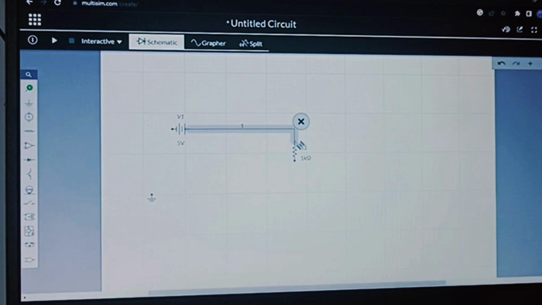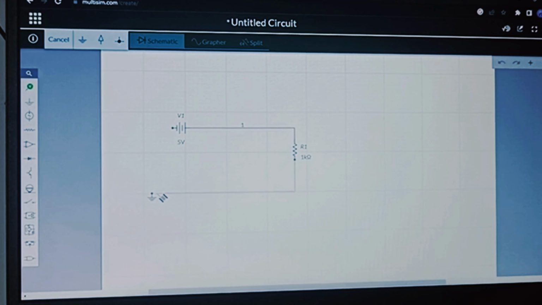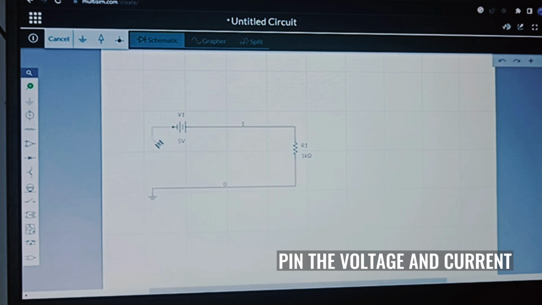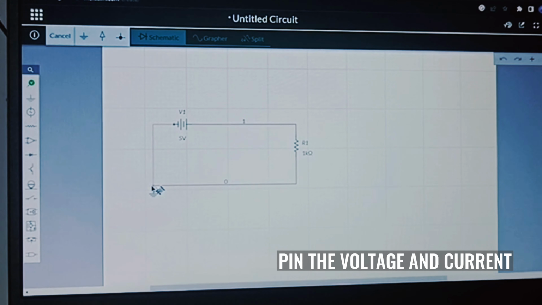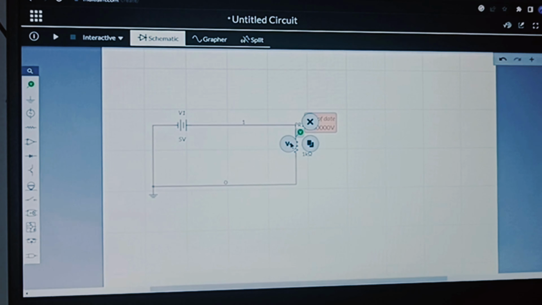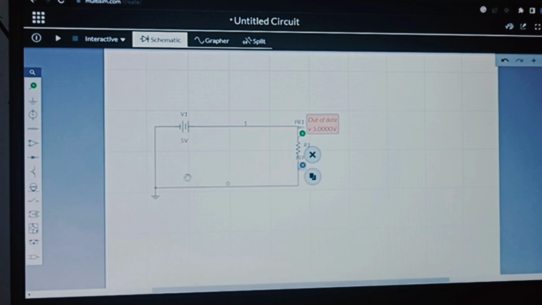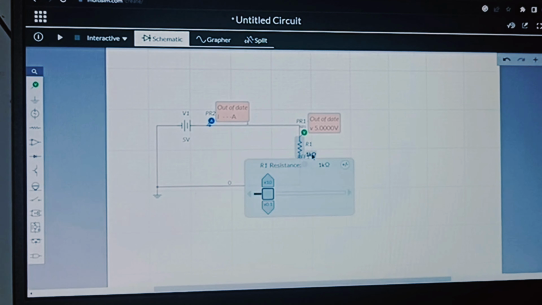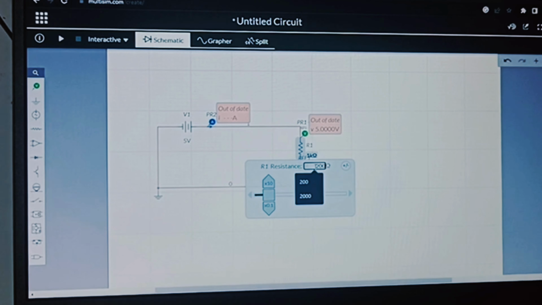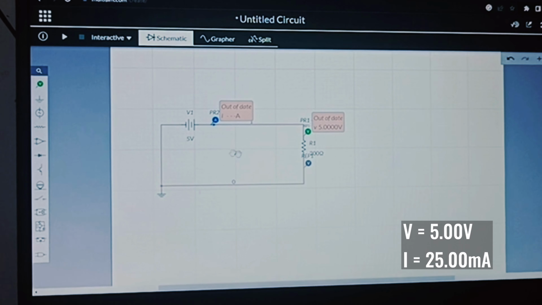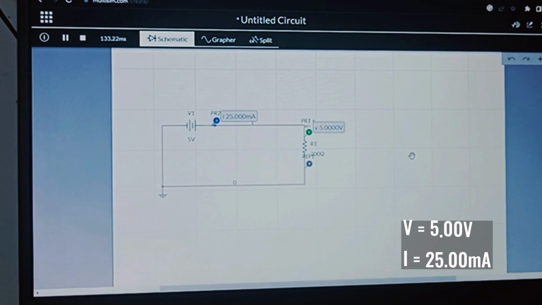We connect them in series. After finishing connecting them, we pin the voltage and current annotation to the circuit to get the voltage and current data. We get 25 milliampere and 5 volts for this circuit.